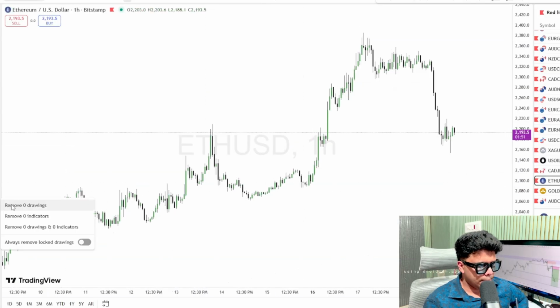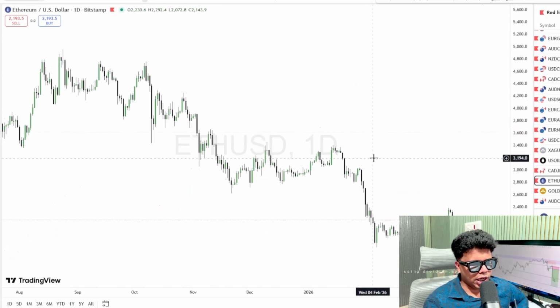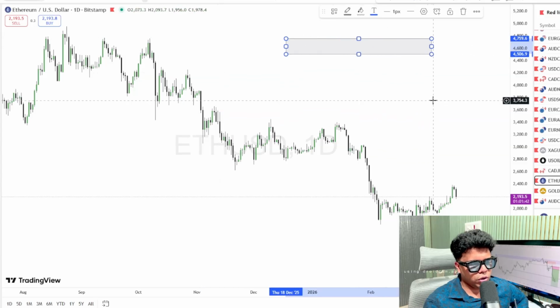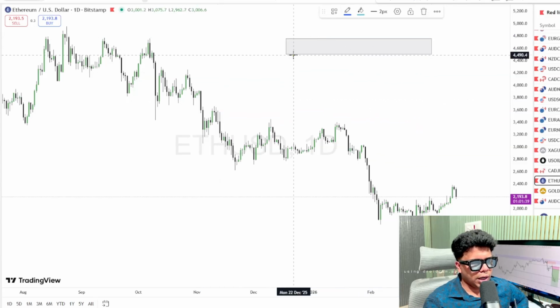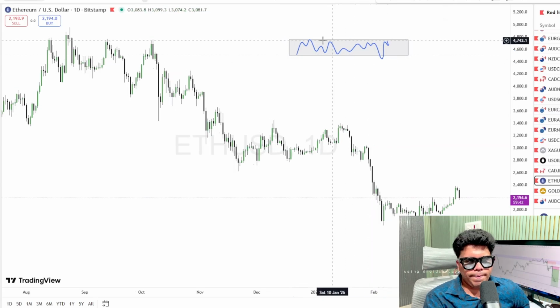Right now I'm coming from the higher time frame. See this, it's a daily time frame. The compression looks like it's moving in a box. The price is making momentum in a box like this. This is compression, right? We must find the compression in the higher time frame. See this, it's a daily time frame, and the exact same thing we can see here.